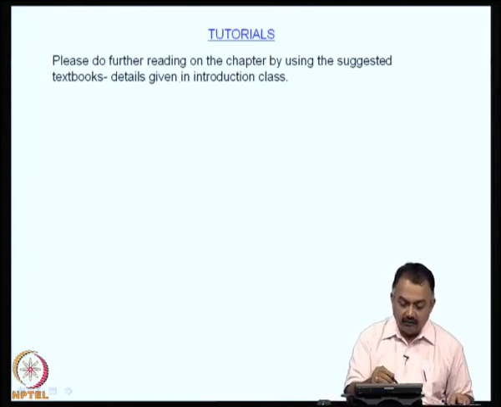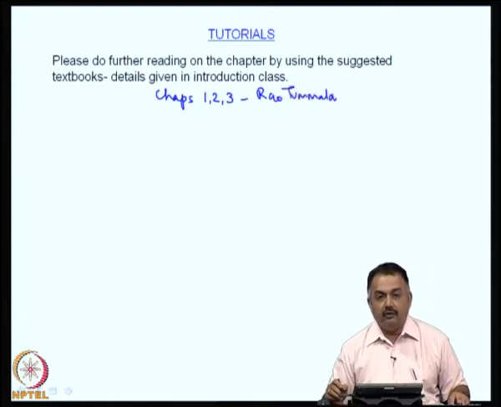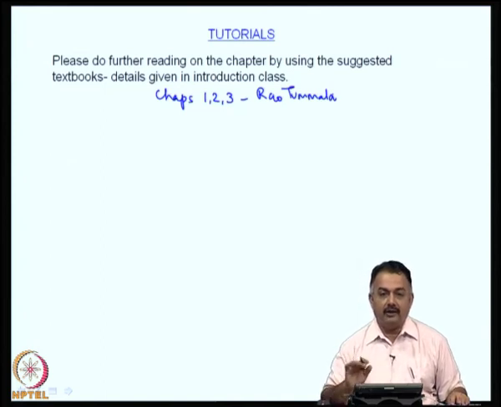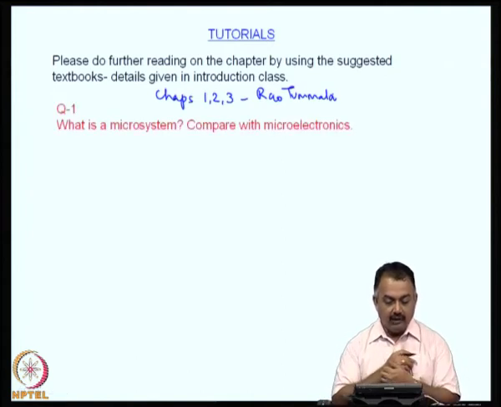As I said, if you can read chapters 1, 2 and 3 of Rao Tummala, which I told you is the prescribed textbook for this course, you will be complete in your understanding of the basic packaging fundamentals. Now, I will begin the tutorial.